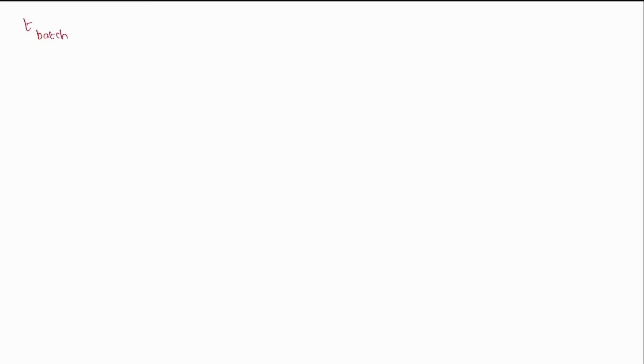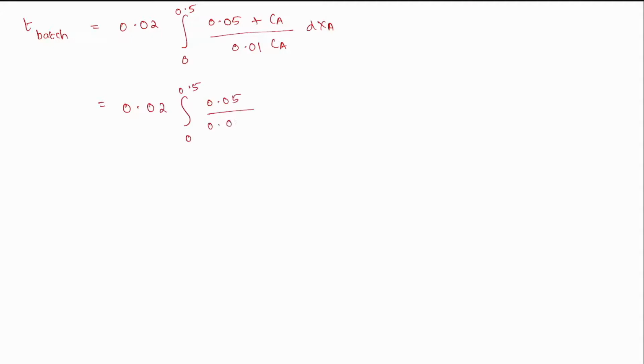So t batch is equal to 0.02 integral of 0 to 0.5, (0.05 plus Ca) by 0.01 Ca, into dXa. So this question is a straightforward question, and we just have to solve this integral.